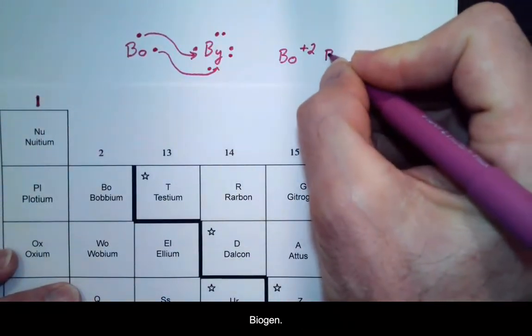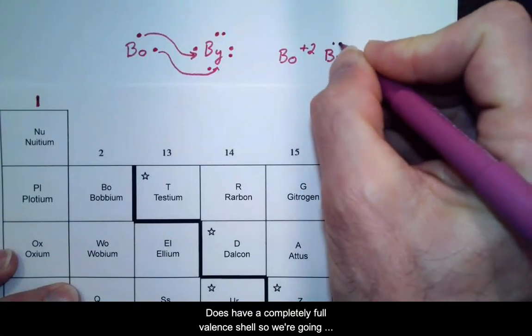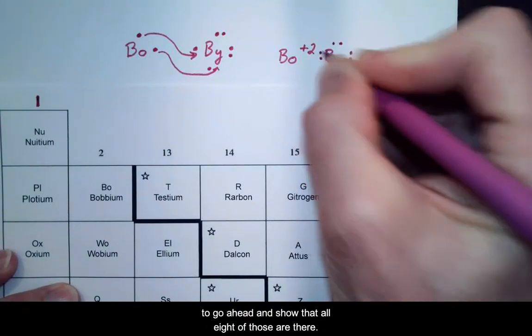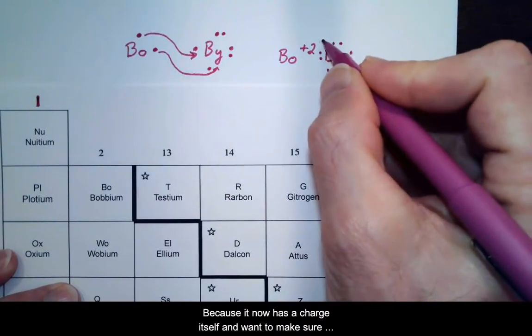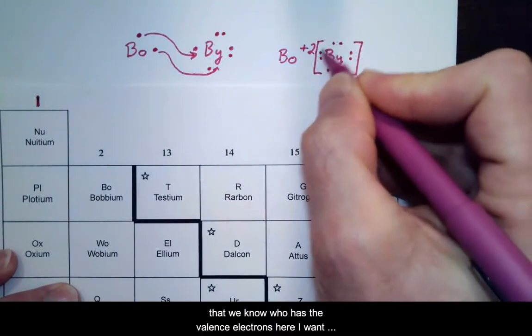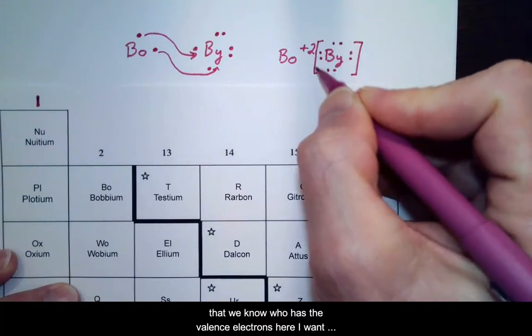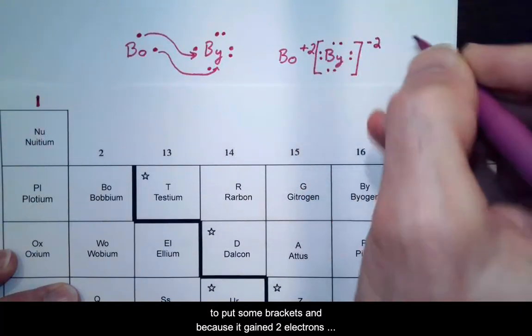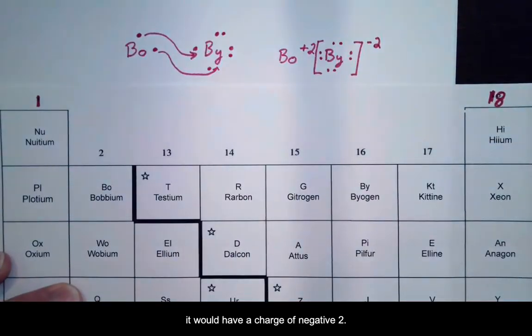The biogen does have a completely full valence shell, so we show all 8 of those. Because it now has a charge itself, I want to put some brackets, and because it gained 2 electrons, it would have a charge of -2.